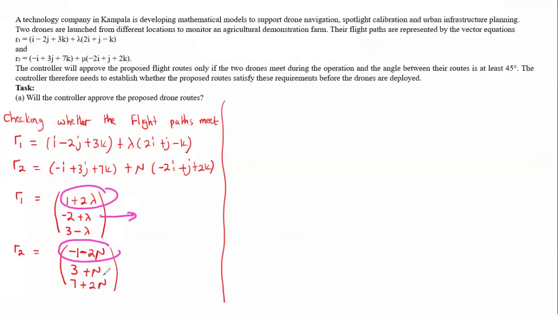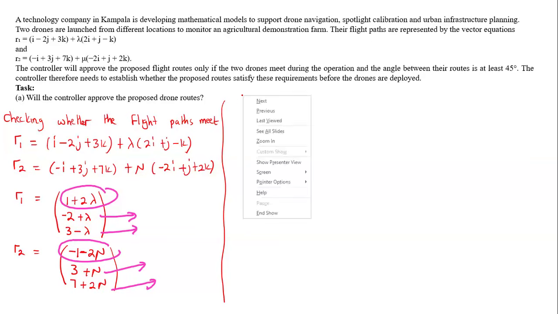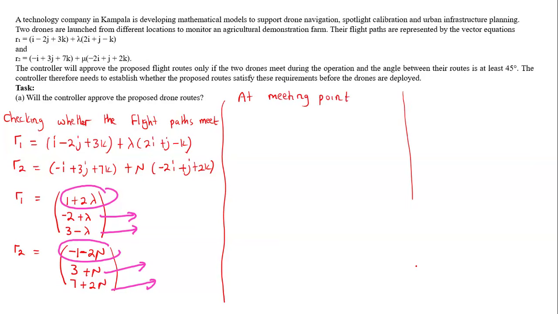The y here is going to equal the y. And the z here will equal the z I have at that point. So I'm going to come here and say that at the meeting point, my x direction for the first path is equal to the x of the other path. So I'll say 1 plus 2 lambda will equal negative 1 minus 2 mu.